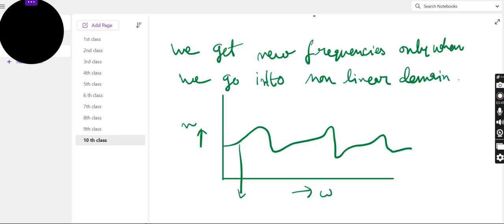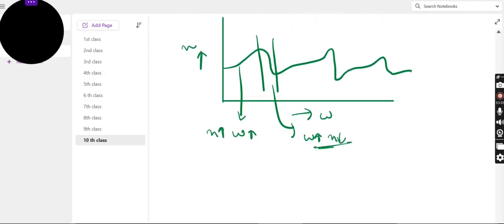So in this part, refractive index increases as omega is increasing. But at this part, when omega is increasing, refractive index is decreasing. So that is called anomalous dispersion.